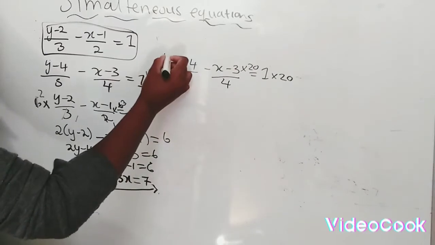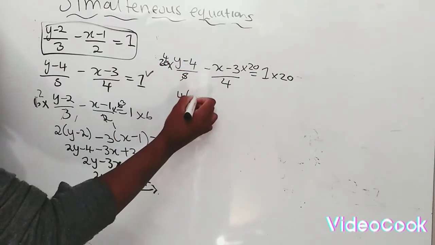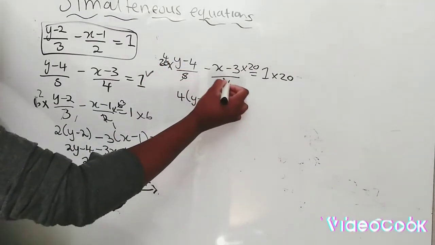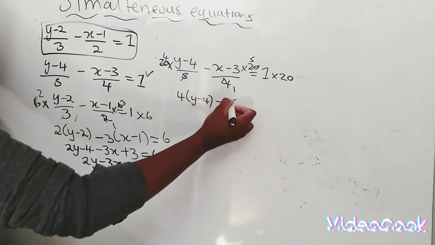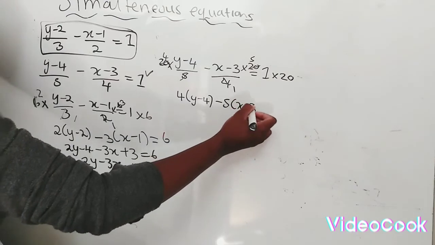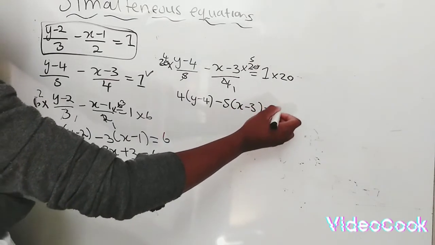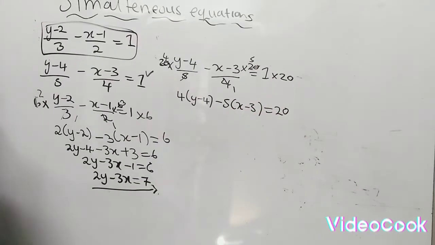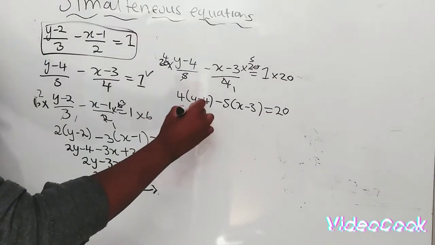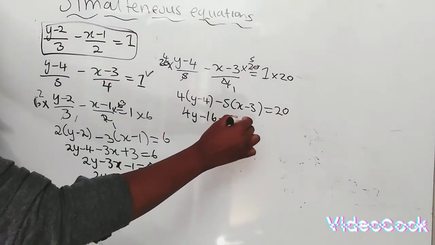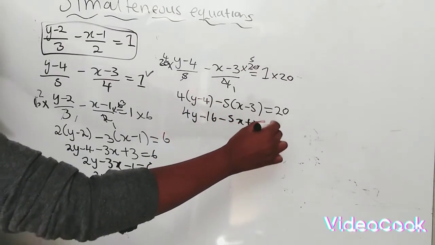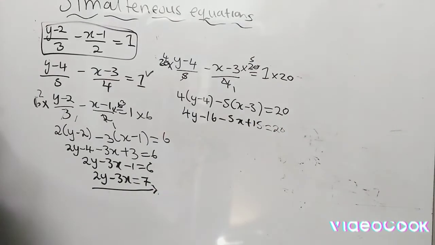5 into 20 is 4 times, so it's 4 open bracket y minus 4. 4 into 20 is 5 times, so it's minus 5 times x minus 3, is equal to 20, because 1 times 20 just gave us 20. It gives us 4y minus 16 minus 5x plus 15 is equal to 20, right?